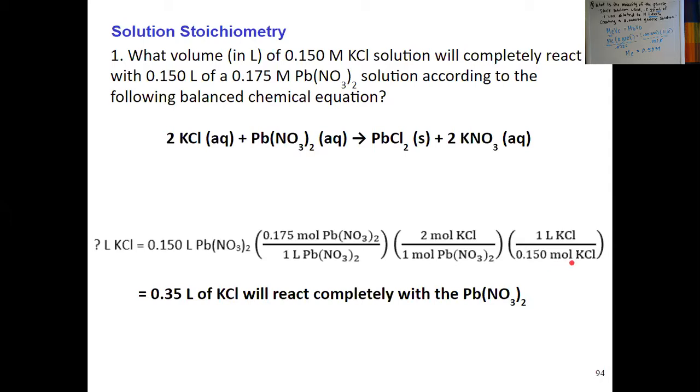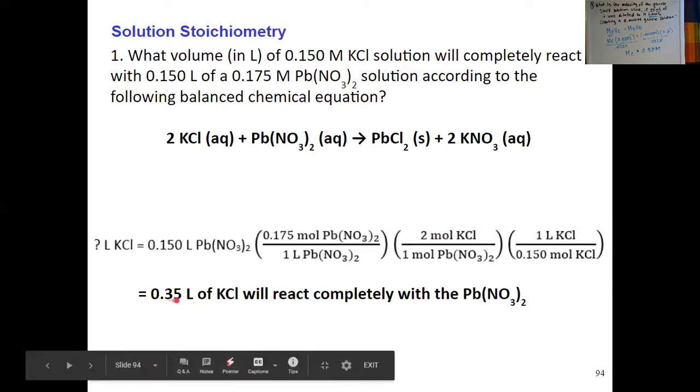When I want to find out the moles of something, the grams of my molar mass goes on the bottom and my moles goes on top. For molarity, if I want to find out the volume of something, my moles is going to go on the bottom so that I can cancel out with the thing that came before, and my volume will go on top. Okay, and it turns out that 0.35 liters of KCl will completely react with the lead nitrate.